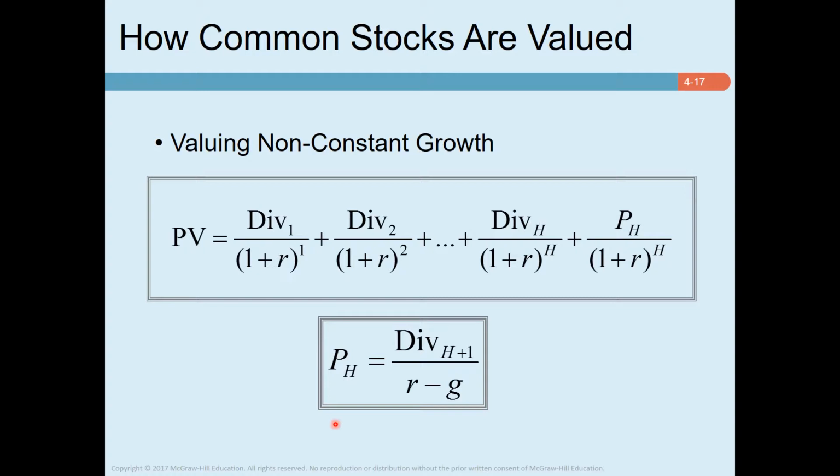In that case, what we do is we find out the present value of the dividends up to a certain period. Then we assume that the dividend will be either a perpetuity or a growing perpetuity. So we find out the present value of that perpetual or growing perpetual cash flow, and we find out the present value of dividends to get the value of the stock.